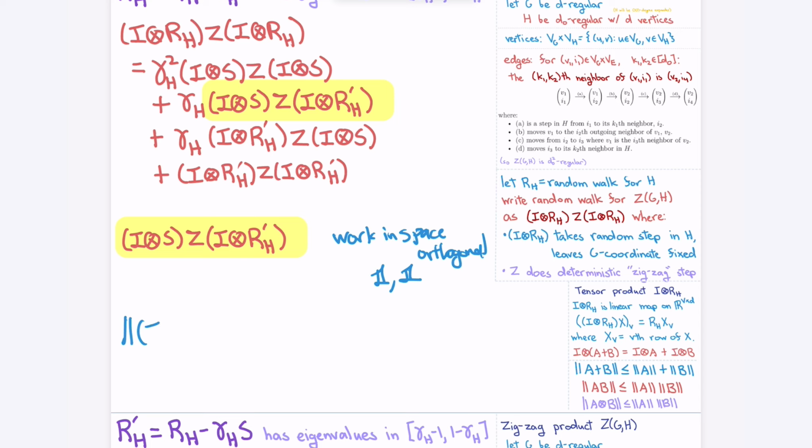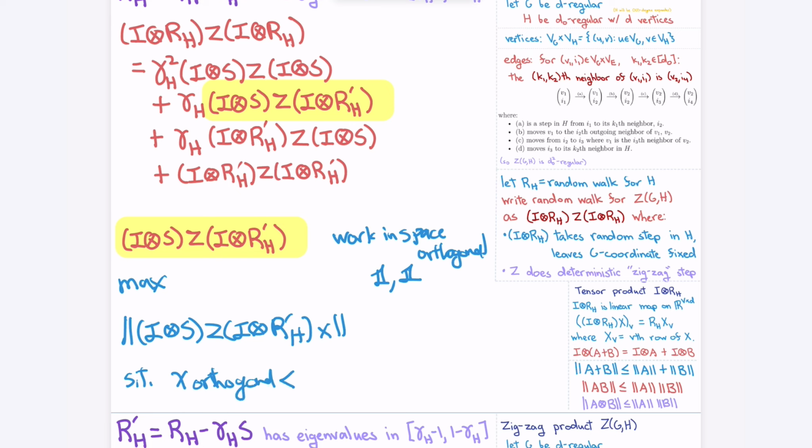If we look at the operator norm of this whole thing, it's a little bit analytical, I'm trying to figure out the x that gives the biggest inner product. So I'm trying to maximize this subject to x orthogonal to the all ones vector in each one.